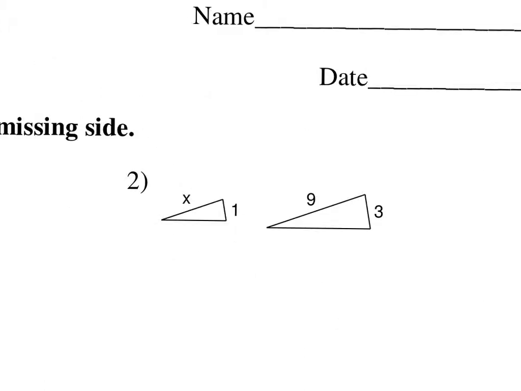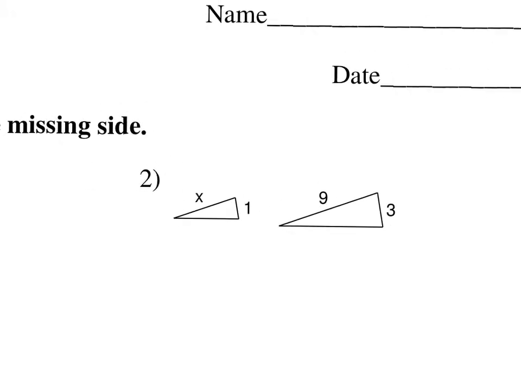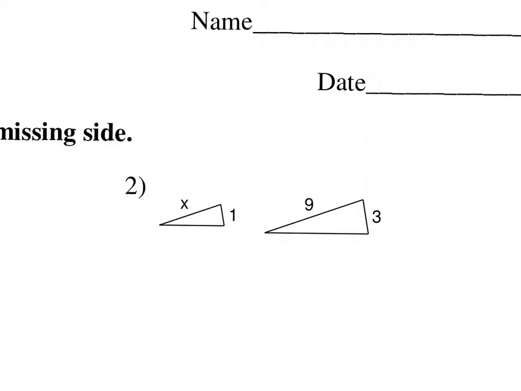Okay, so now we are comparing these two similar figures. So I'm going to compare these corresponding sides. X will correspond with 9, and 1 is going to correspond with 3 over here. So once again, I'm going to write this in proportional form because I know it has to be proportional.